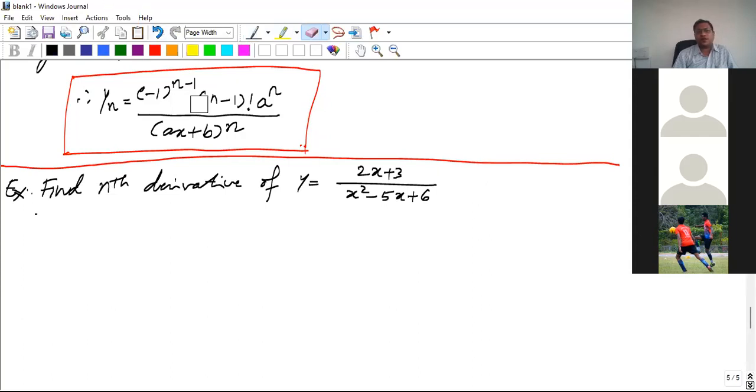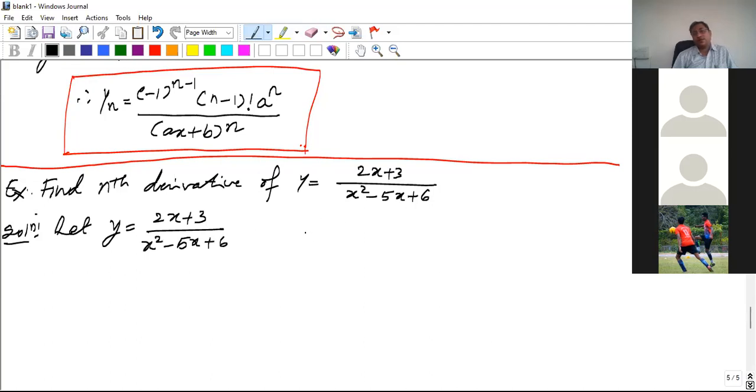This is the function whose nth derivative we want to find. Now see the solution. Always start with what you have. So y is equal to (2x plus 3) on (x square minus 5x plus 6).